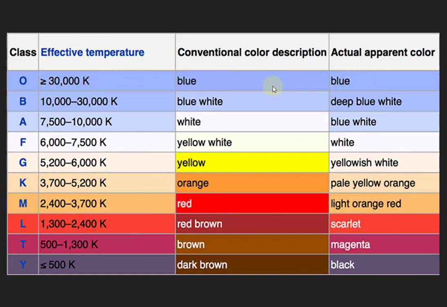The color appears to be blue. B stars are cooler, between 10,000 and 30,000 degrees Kelvin on the surface, and they're blue-whitish. Now, if you go down the list here, the sun is a G-type star, and the M-type stars are the reddish-orange type stars.